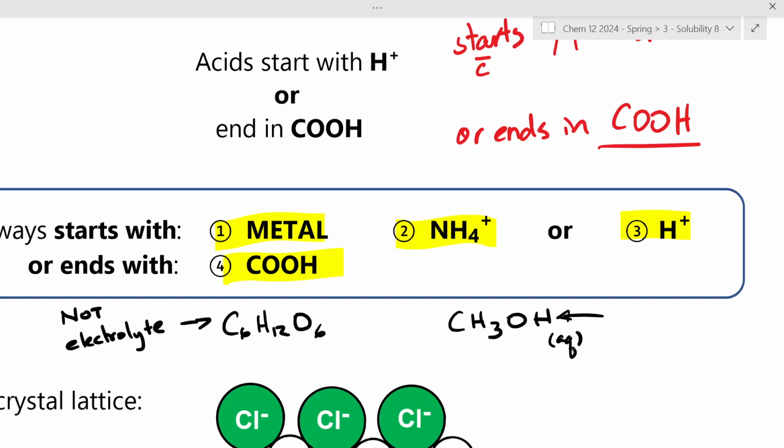Is it an electrolyte? No. Is that a base? No. I mean, is it? It has an OH, but it's not a base. What other kind of compounds have OH that are not bases? Alcohols. This is an alcohol, not a base.